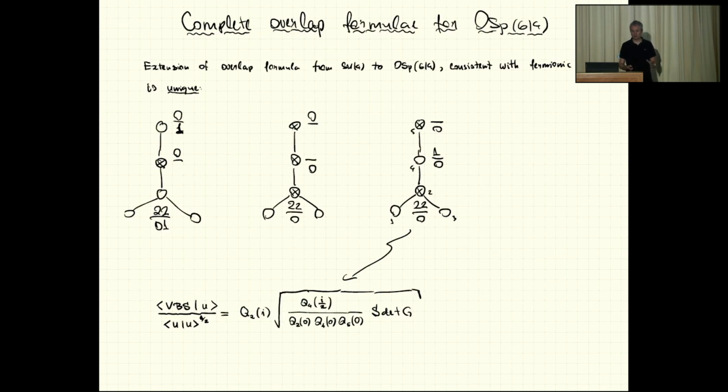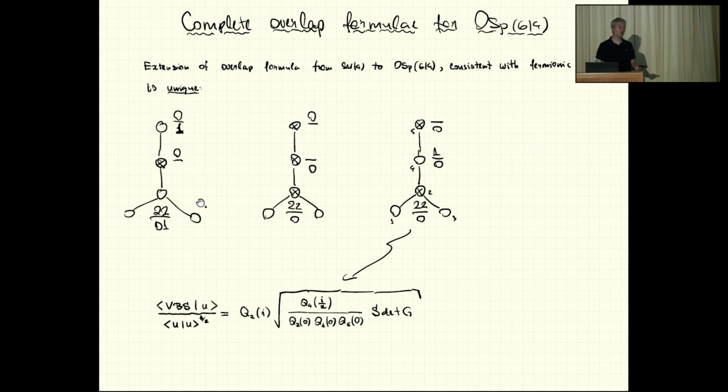And the structure is so rigid that it is enough to know what the Q functions are in this corner of the diagram. The rest is fixed by the consistency conditions. So it is only possible to go between these three diagrams if the Q functions that appear in these two additional nodes follow this particular pattern.